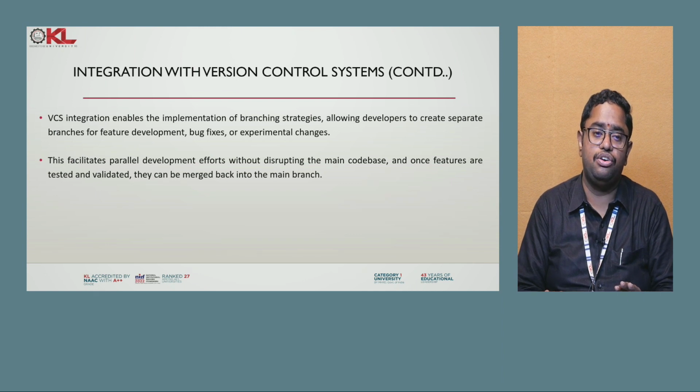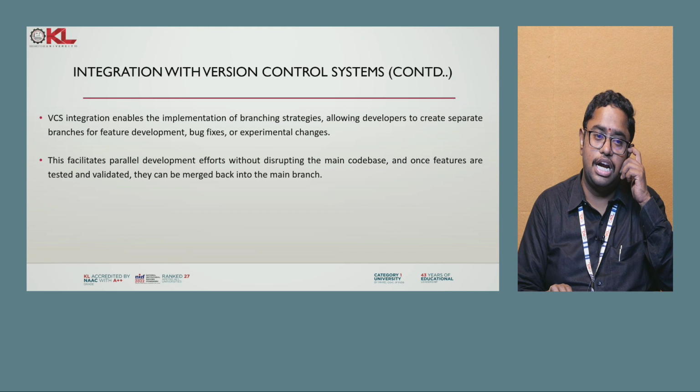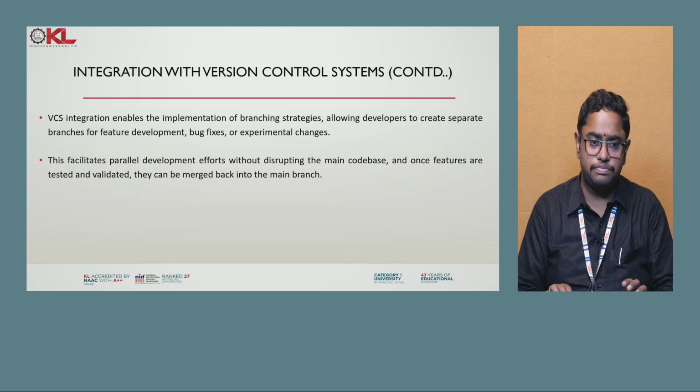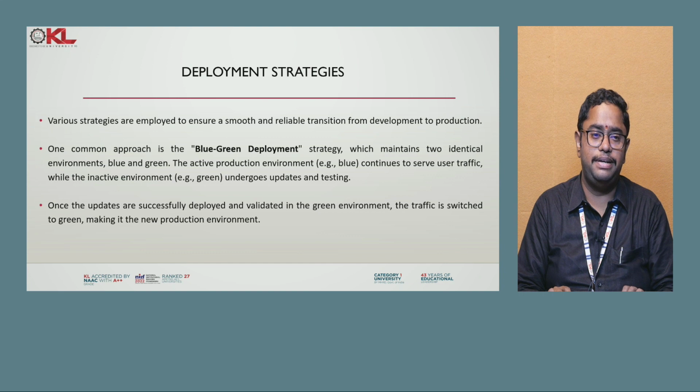So mostly we are going to follow agile principles or agile methodology for implementing the project in parallel with respect to the systems, right? So that is what the version control system's responsibility is. It is going to facilitate parallel development efforts, and it is also going to help for branching strategies, and the deployment strategies are going to be discussed now. So what are the deployment strategies?